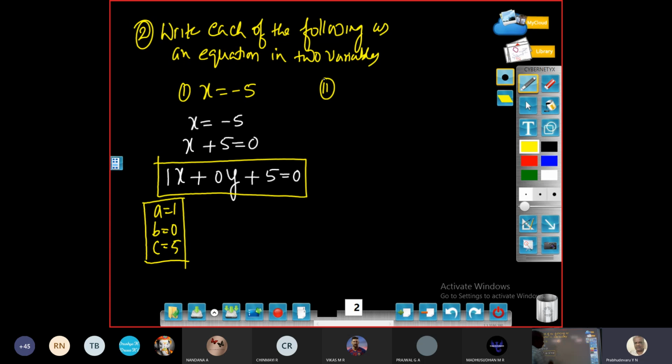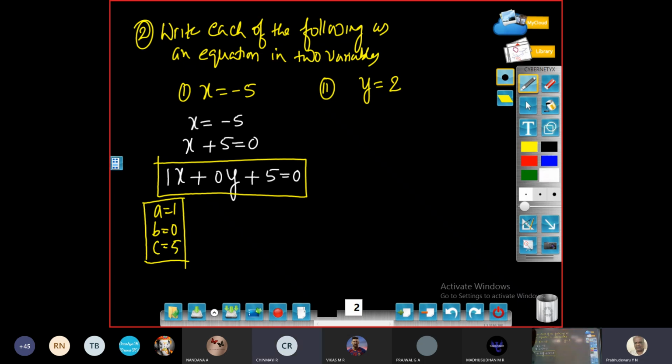Now you take the second one, write down this, y is equal to 2. Can you tell me what is that equation in two variable form?